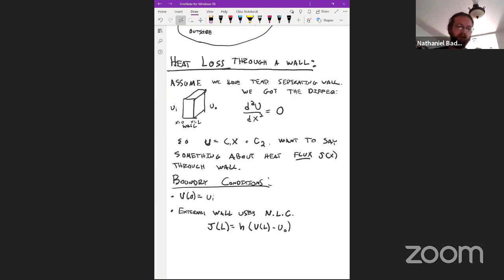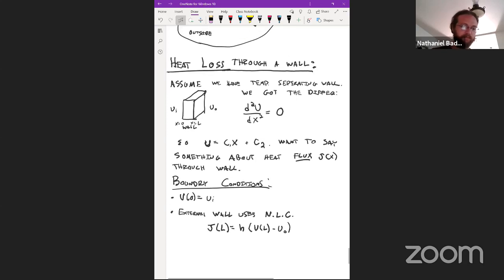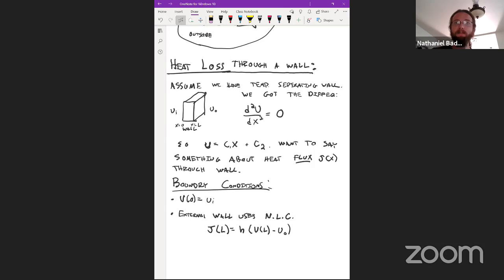Any questions? Oh yeah, I was just thinking a little bit, because should this be plus or minus? I'm kind of stipulating it, but if you remember, J is the flux, and so J is the heat flow in the positive direction, roughly.